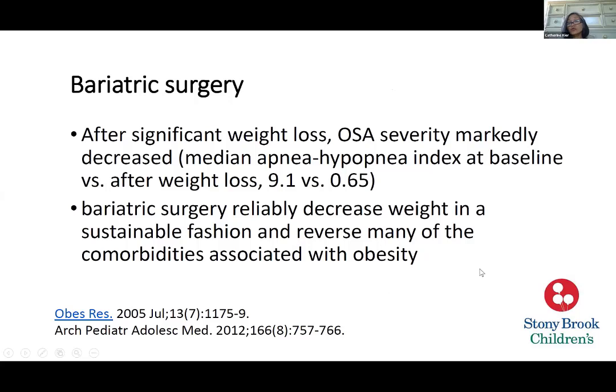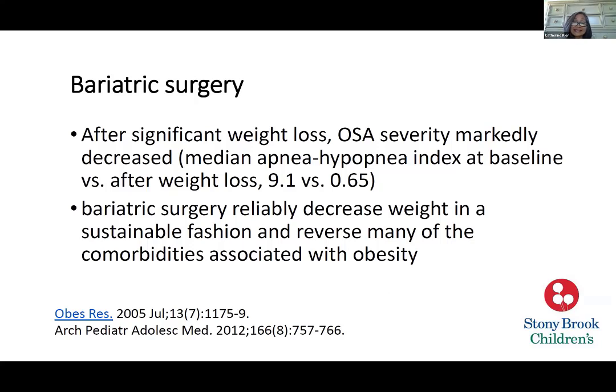Bariatric surgery, of course, in this epidemic of obesity, there are programs that are enrolling adolescents as candidates for a bariatric program, and they undergo a process where they have nutrition and exercise counseling.